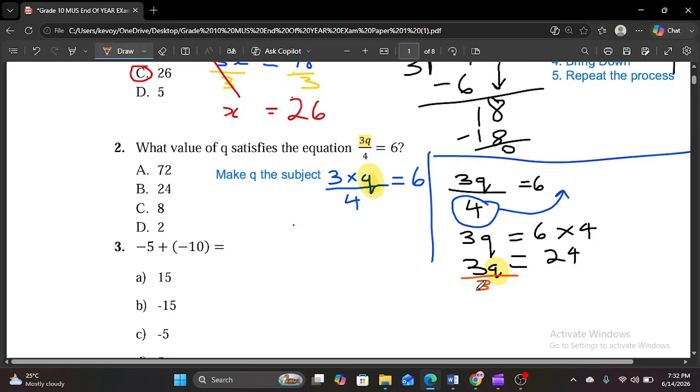So if we divide by 3 at this point, we'll have our final answer. q is now equal to 24 divided by 3, which is equal to 8. All right, so the answer is 8 right there.